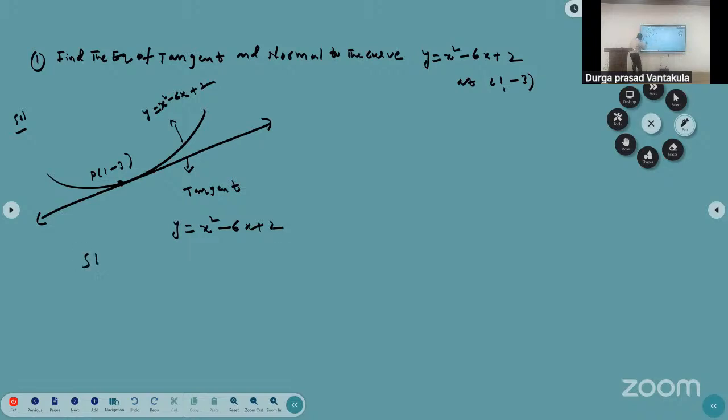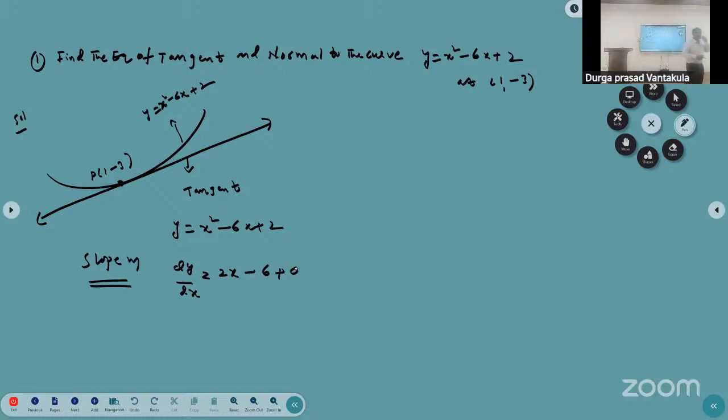Finding the slope. How do you find the slope? dy by dx. Differentiation of x square is 2x, differentiation of 6x is 6, differentiation of constant is 0.